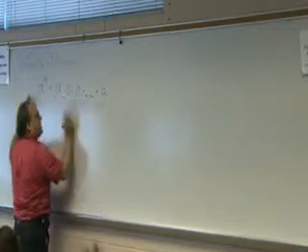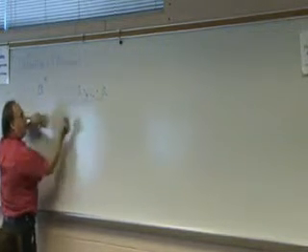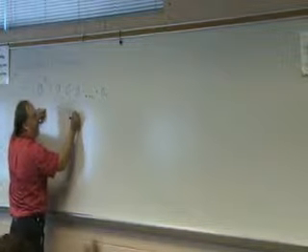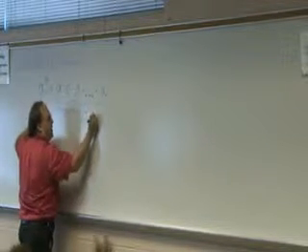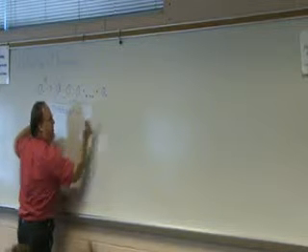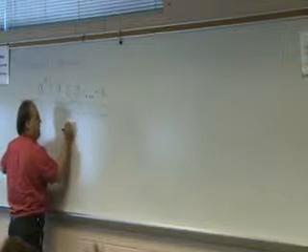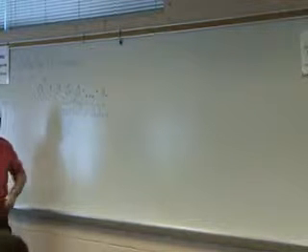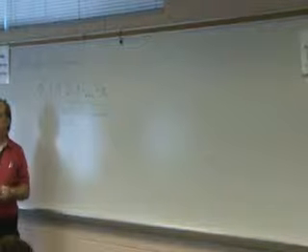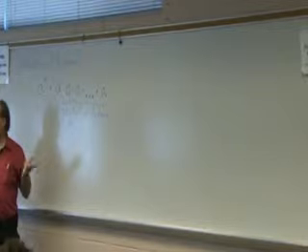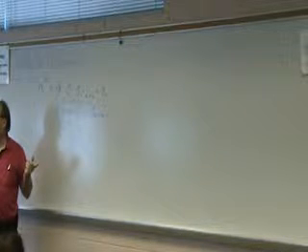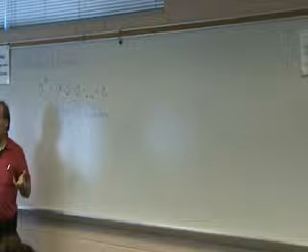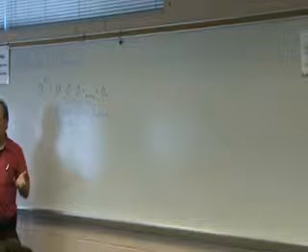So you can see that this is a product statement here. This is the product of n factors of a. In other words, we know that multiplication is repeated addition.